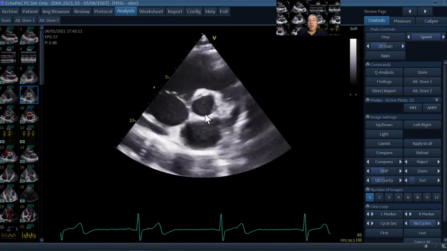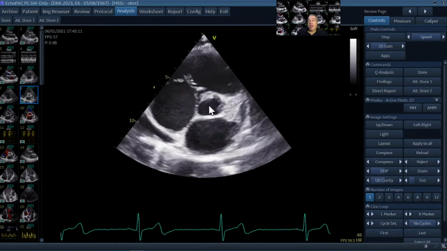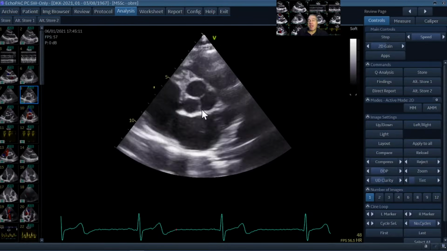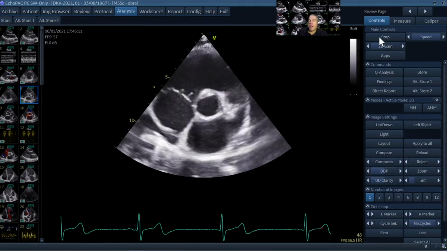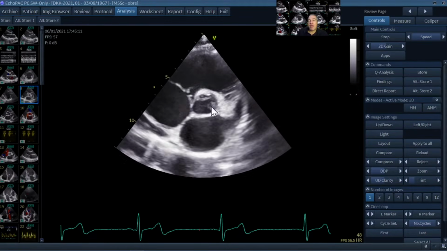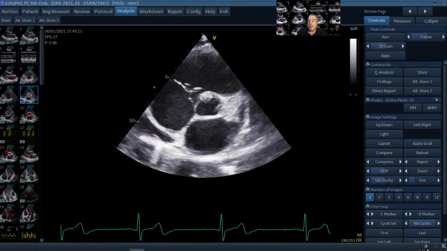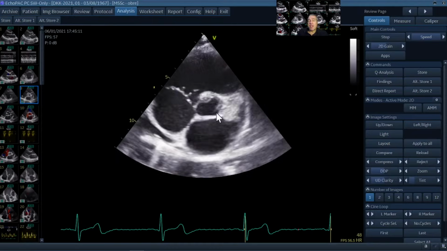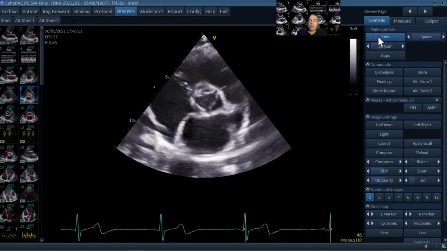And if I go a little bit higher up, I come closer to the aortic valve and the outflow tract. And that's another very interesting short axis view, the level of the aortic valve. I try to focus on the last cycle here, and we'll stop the image.